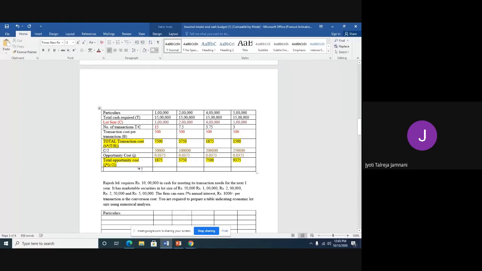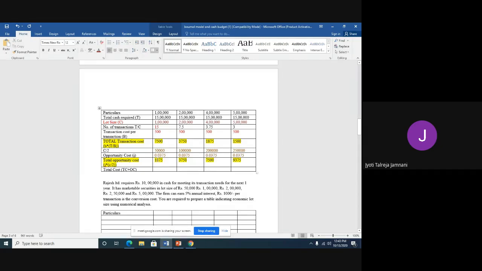Now we will find the total cost. How to find the total cost? We have to add the transaction cost plus the opportunity cost. The first yellow highlight is your transaction cost, the second is your opportunity cost.